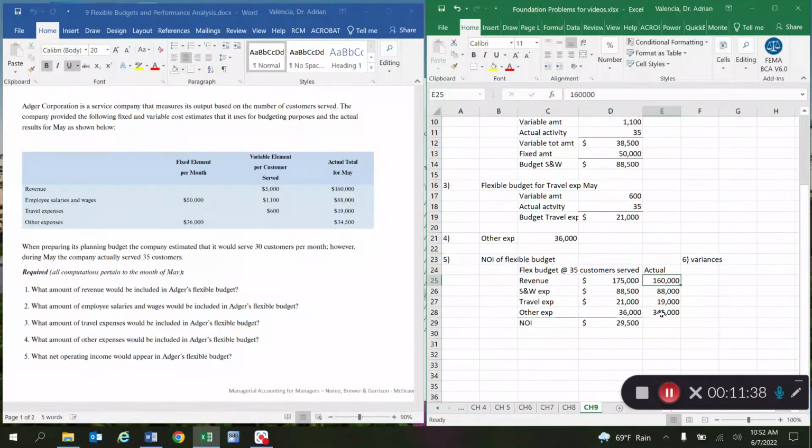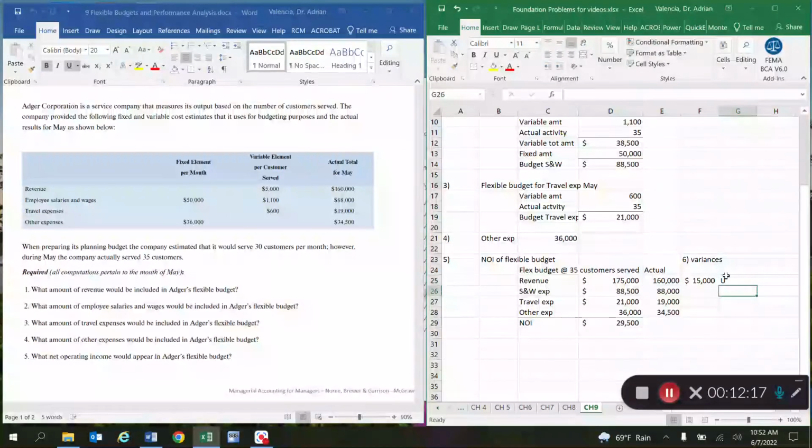Okay, so somehow even though we served 35 customers, it appears that we maybe had to give discounts somewhere along the way. Wages were pretty much the same. Travel expenses, we saved a couple bucks there. Travel expenses were a little bit lower than what we anticipated. So the variances here are going to be as follows. So this is unfavorable, because we ended up getting less revenue than we originally thought.